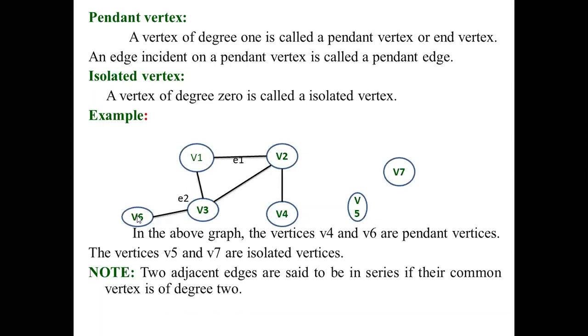So V4 and V6 are pendant vertices, and the vertices V5 and V7 are isolated vertices. Here this edge, E3, is called a pendant edge, and the E5 edge is also called a pendant edge. Okay.